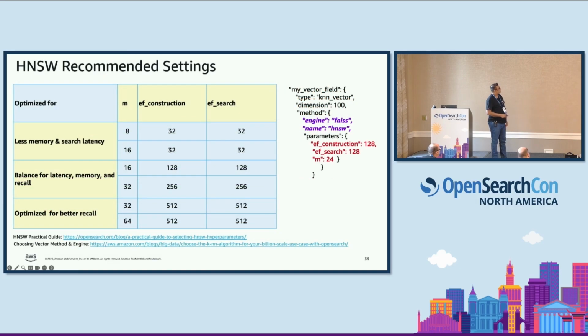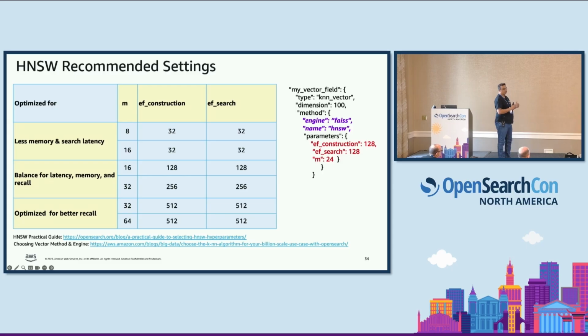Now, this is a quick recommendation. If you want to quickly start with HNSW, which is one of the recommended methods: if you want to optimize for less memory and search latency, you can select a value of M between 8 and 16, and EF construction and search of 32. For a balance of everything, latency, memory, and recall, a 16 to 32 range for M, and a 120 to 256 range for EF construction and search gives good results.